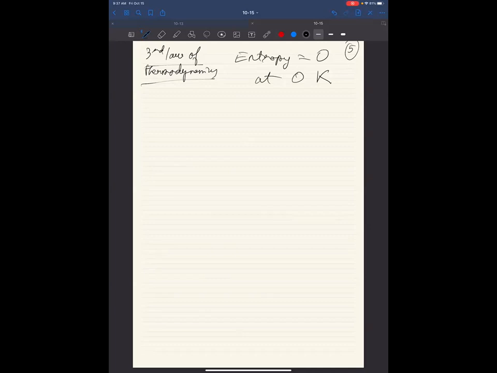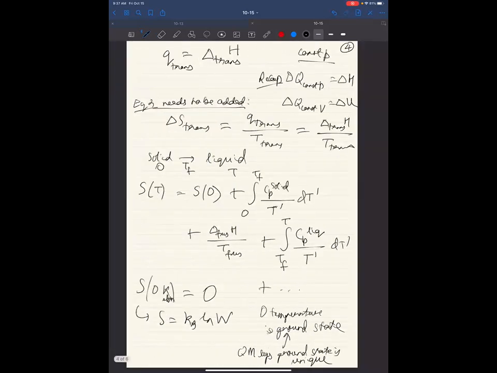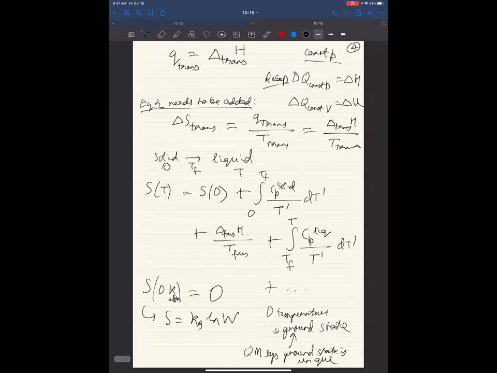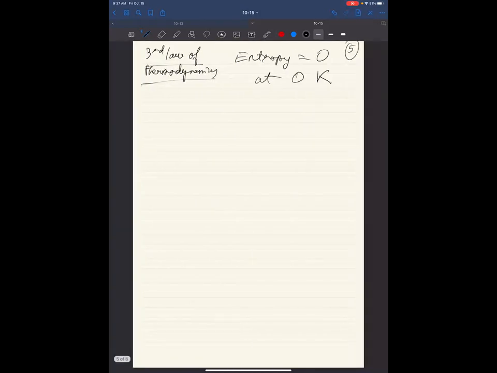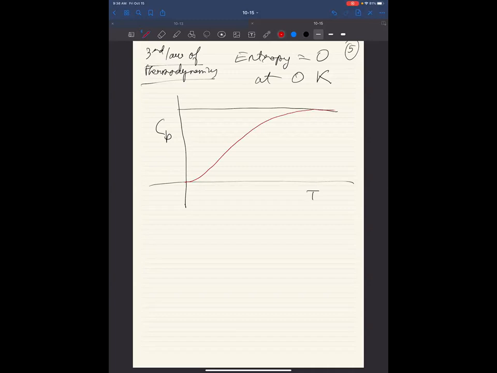Yeah, go ahead. The interval we had before, right after S of 0, how do we evaluate that if it goes from 0? What do you mean? This will be put at 0. For the next, you need the value of the heat capacity. T is 0. Oh, good question. Does anyone remember what we talked about, heat capacity versus temperature? For an ideal gas, how does it look? It's a straight line. For a real gas, heat capacity goes to 0. So you have a 0 divided by 0 situation.